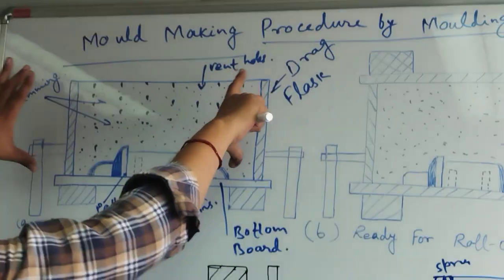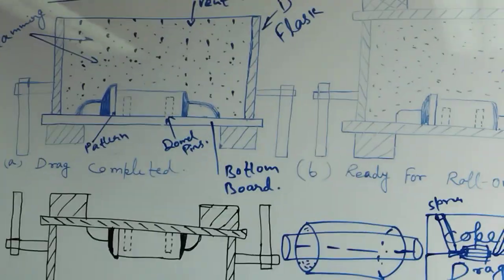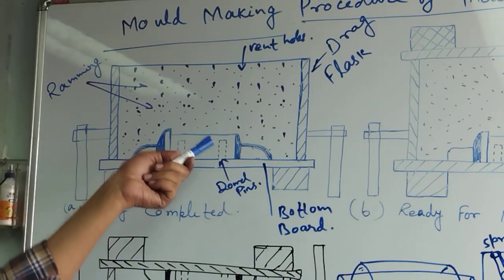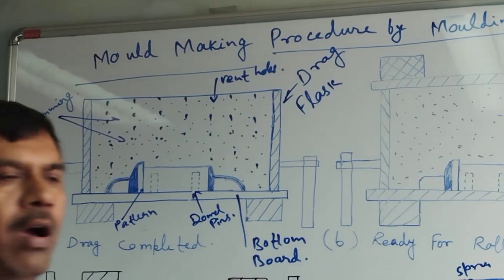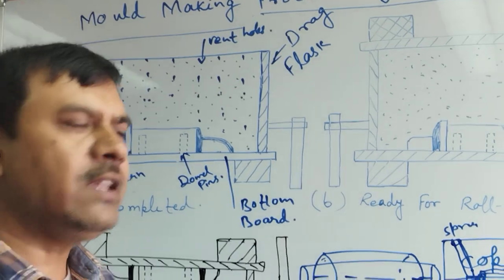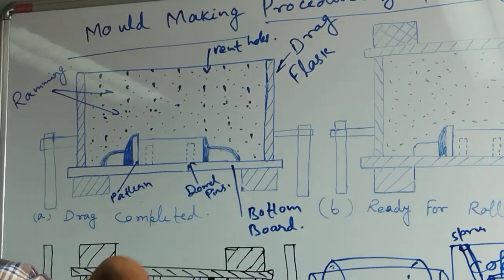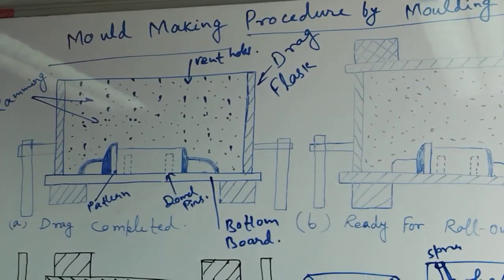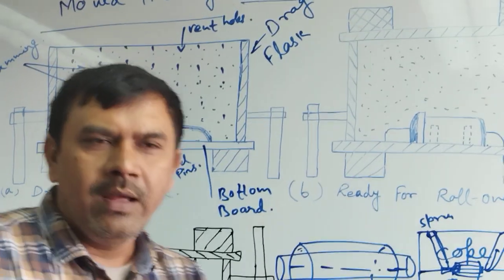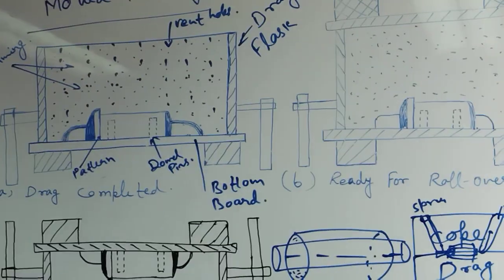This box is approximately larger in size than our object. Therefore we put the backup sand. This means both are the same. The backup sand is put here and then it will be rammed. This is rammed by hand or by wooden sticks.